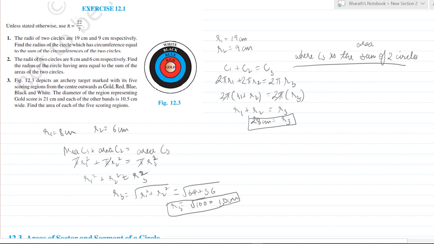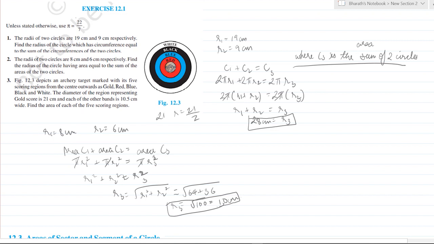And the third question depicts an archery target marked with 5 scoring regions. Yeah, same thing. So here this gold part has a diameter of 21 centimeter. So radius will be 21 by 2. Fine.